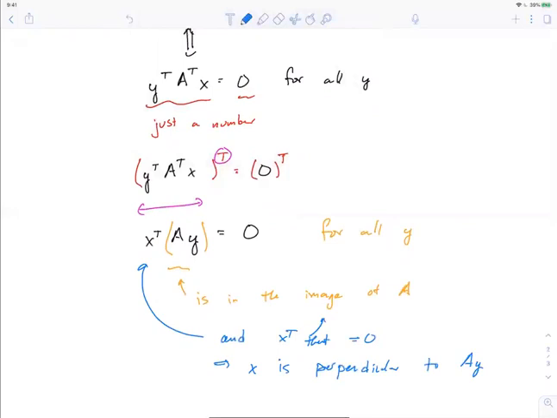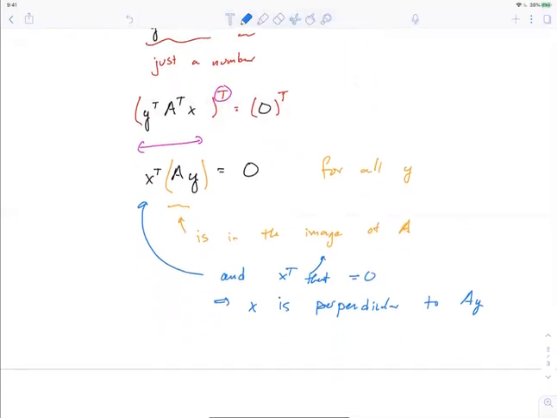And since AY is anything in the possible image, X is perpendicular to everything in the image of A. And that's precisely what we get when we go up here.